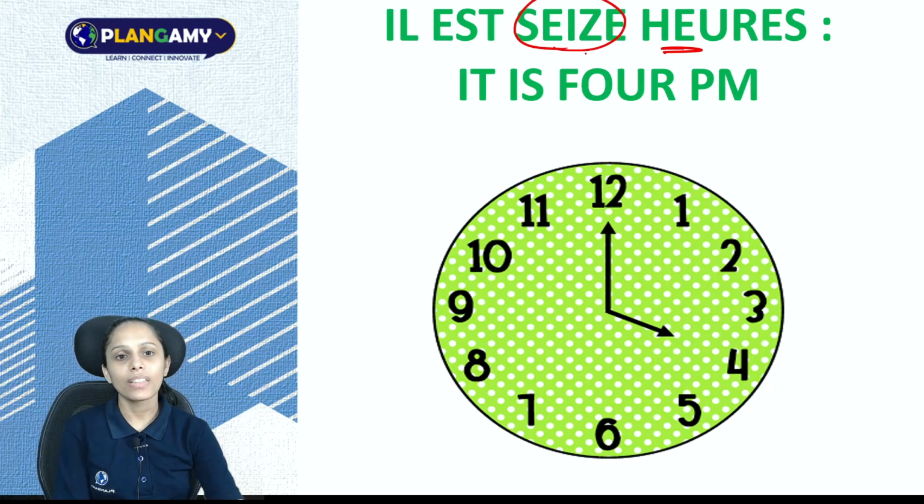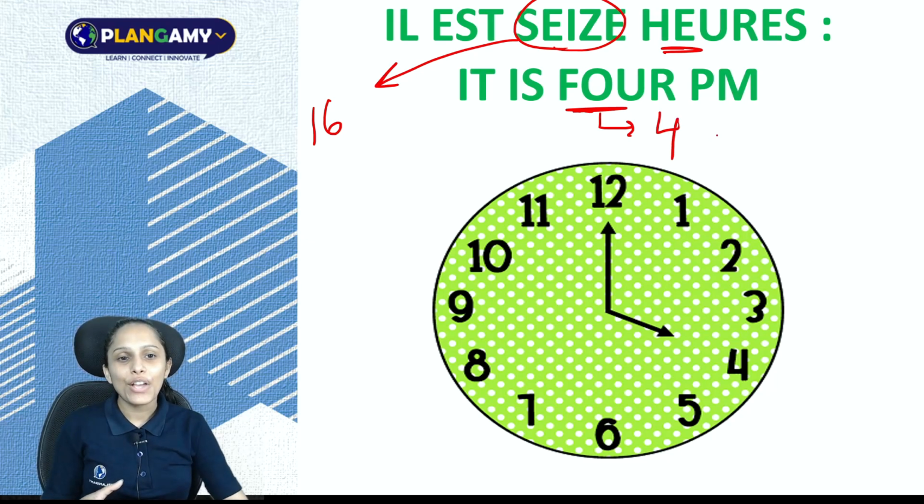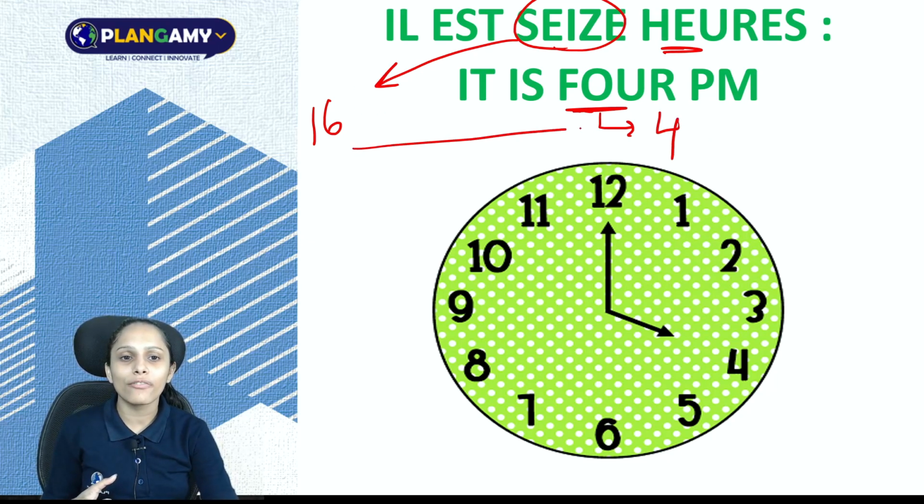Again, you can see the difference here. Here we have used number 16 and here we have used number 4. What is the difference? 16 actually reflects number 4. So it means we are talking about 4 p.m. or 4 in the afternoon.